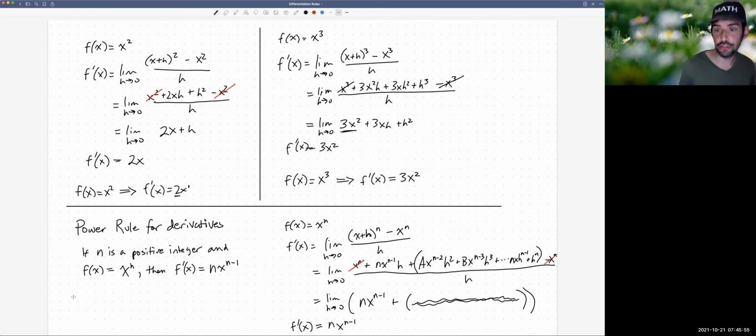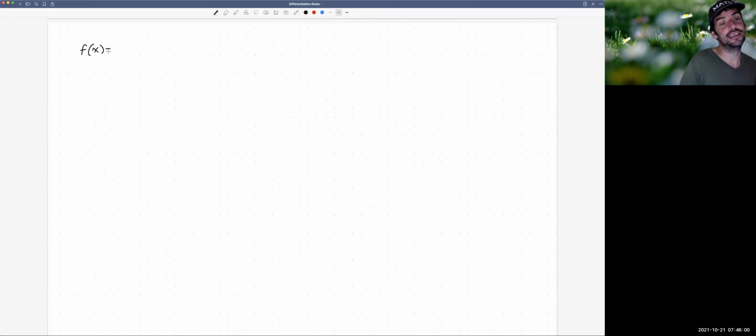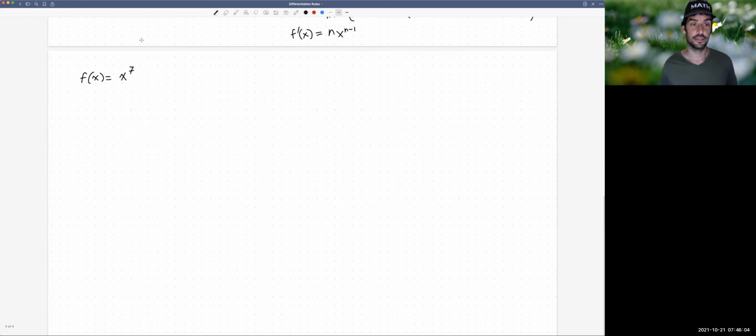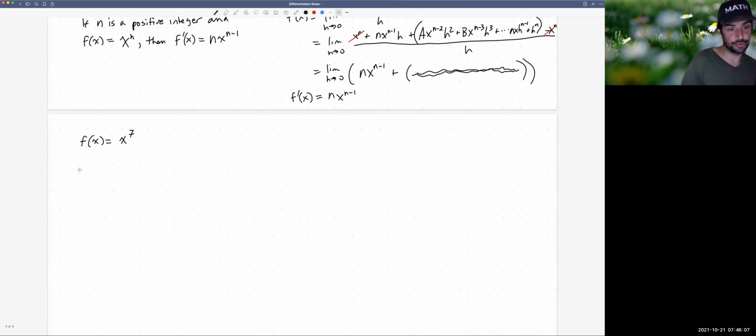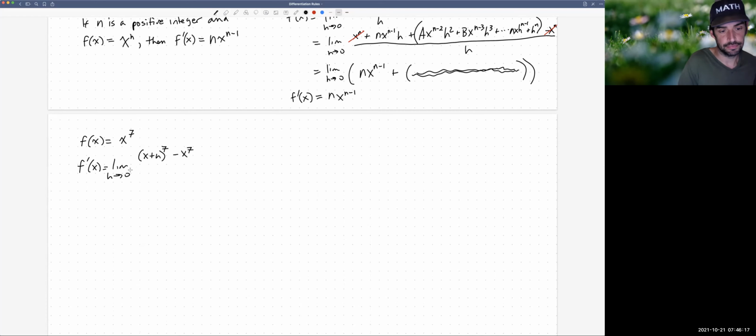And so if I had something like f of x equals x to the 7th, right? If I tried to do the derivative with the definition, the first thing I'm going to need to do is expand this, right?